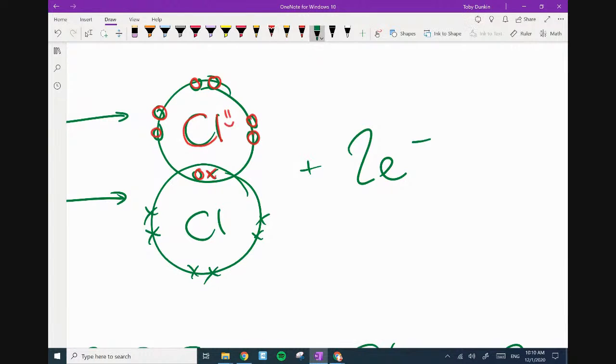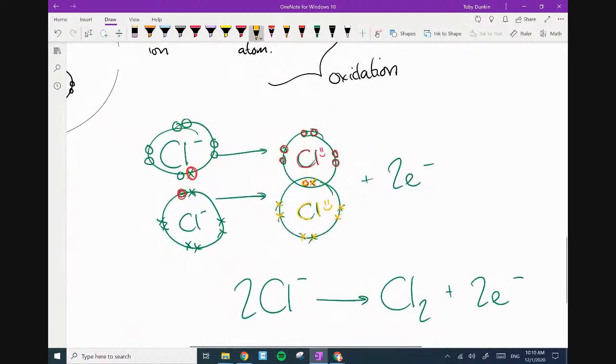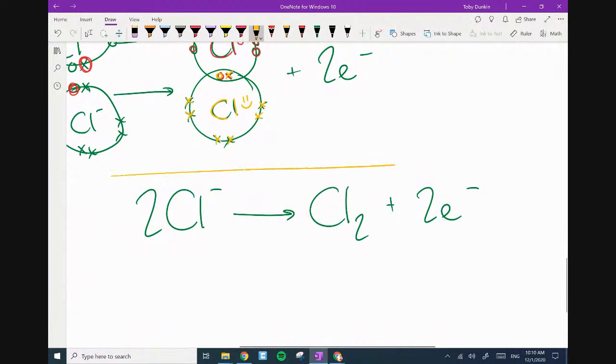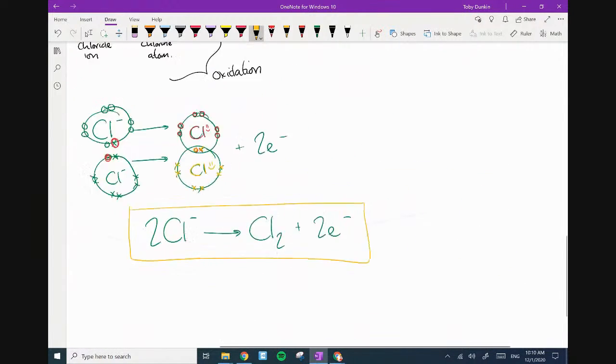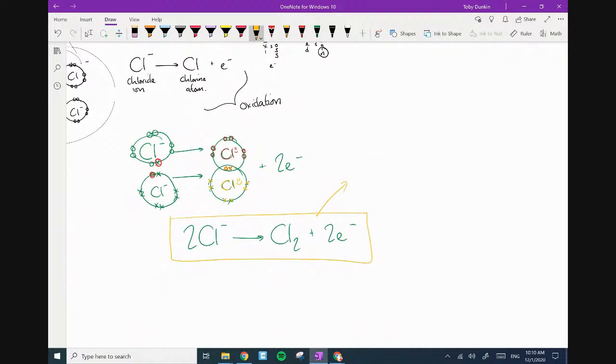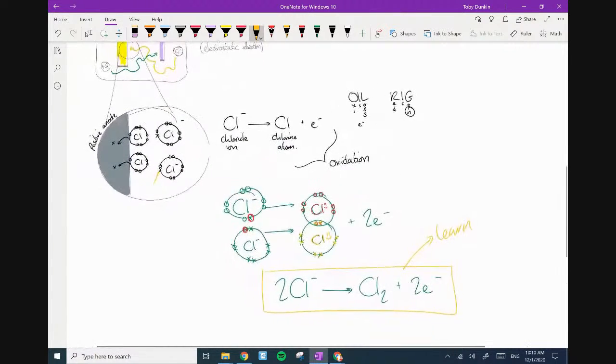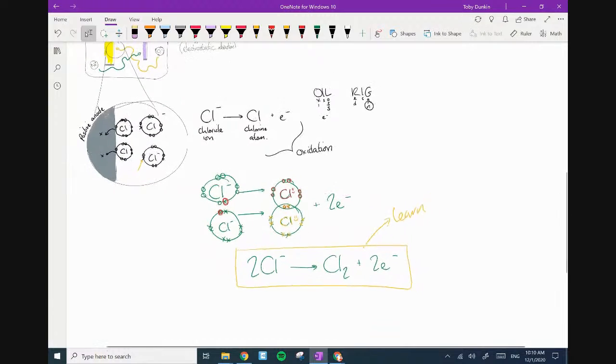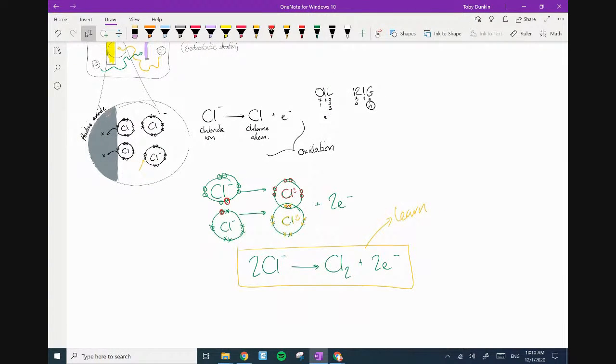And this chlorine here has 1, 2, 3, 4, 5, 6, 7, 8. It's also happy. So they will immediately link up. And that's the equation I need you to learn. Hopefully I'm going to teach you so you don't have to learn them, so you can build them. And this is oxidation at the anode.